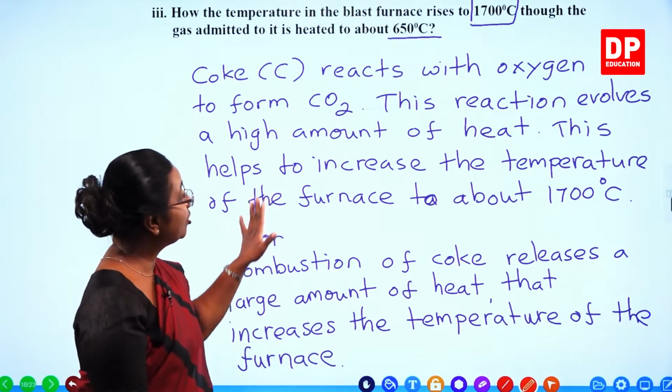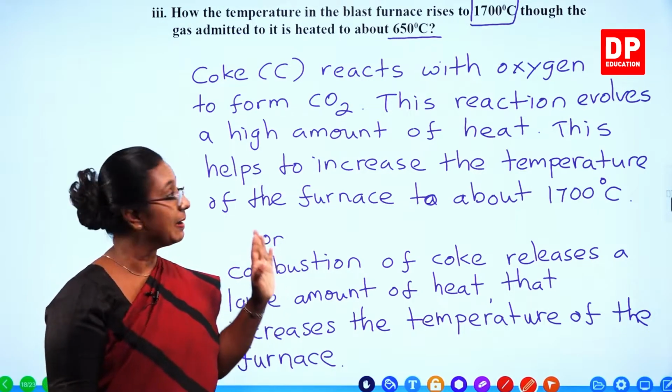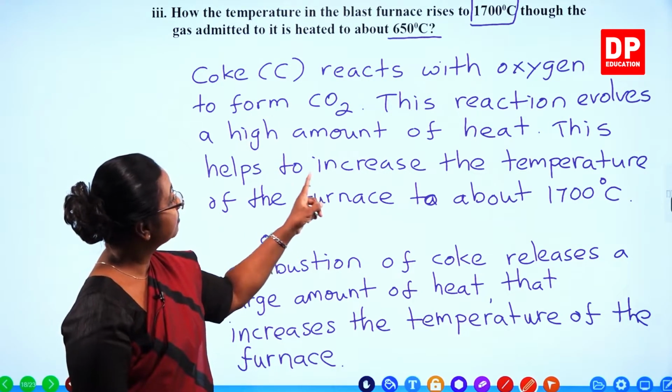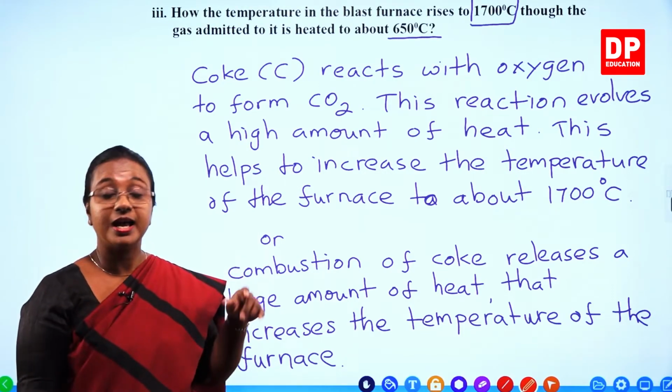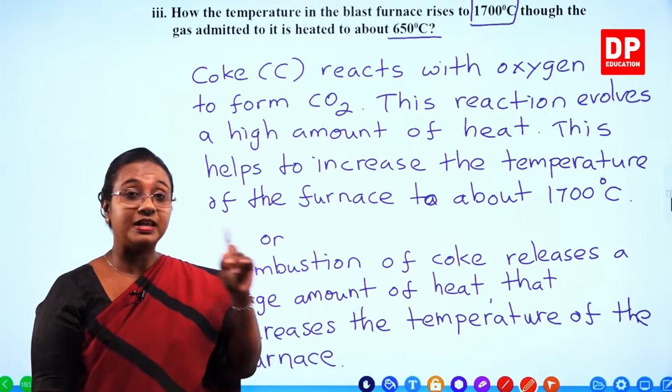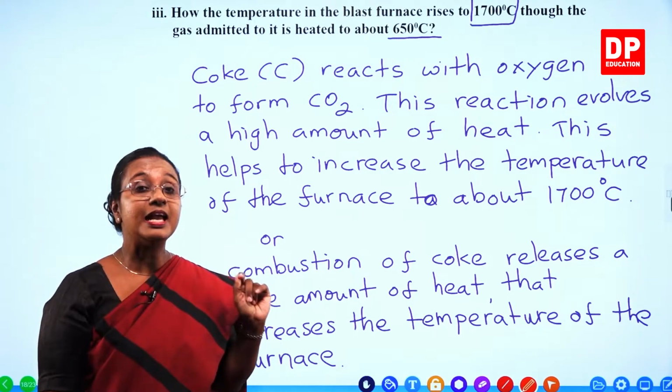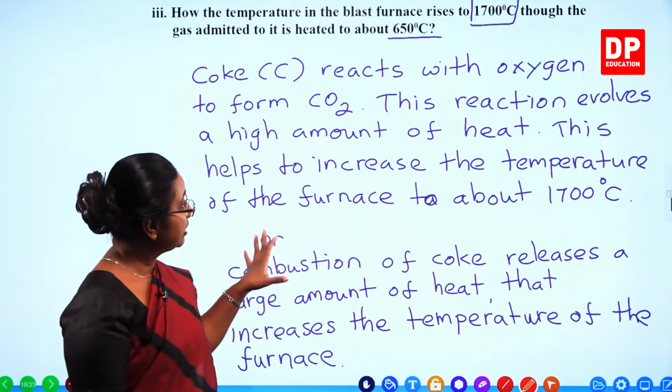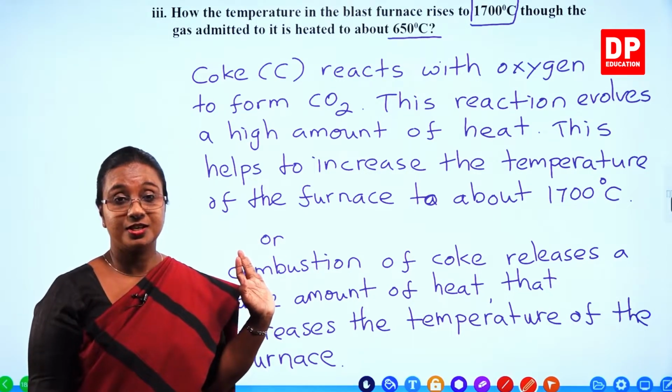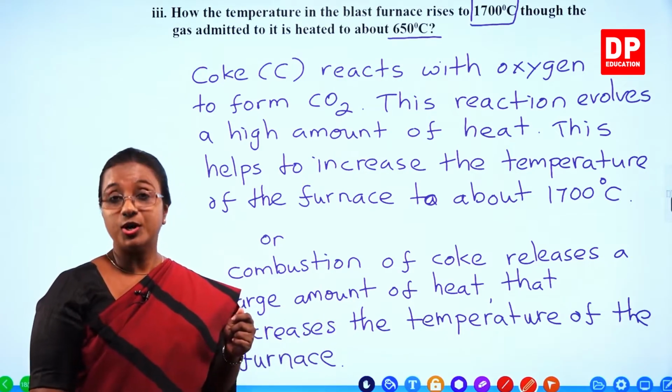I'm sure you also would have explained this, but I did explain the combustion of coke and the releasing of a high amount of heat when we discussed the extraction of iron. So this is the explanation there, students. With that, we will move on to the next slide.